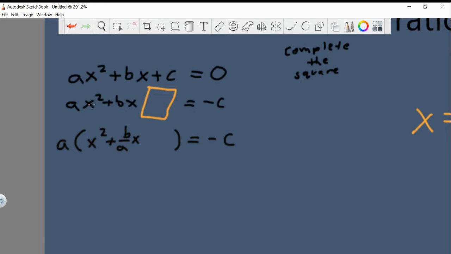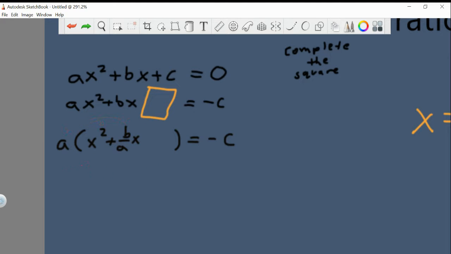We basically divided an a away when there wasn't one, so we just put divided by a. If you want proof that this works, we can do a little check really fast. That would be ax squared, and this would be abx over a. The a's would cancel out, and we would have bx, just like we started with. So this does work, I promise.